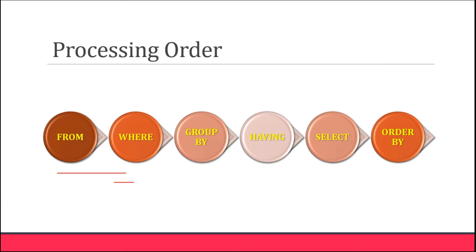Then it will filter with the where clause. Then it will do the groupings of the resultant set and further filter the groups with the having clause. Then it will project them to you before ordering them, and you will see the implication of this processing order in practical terms when we write our queries.